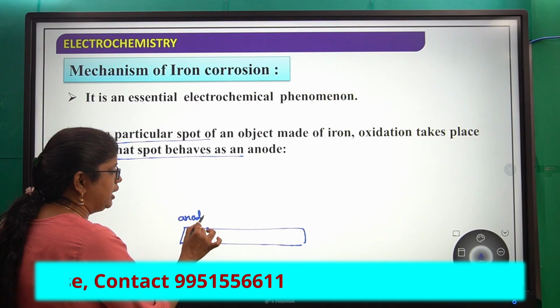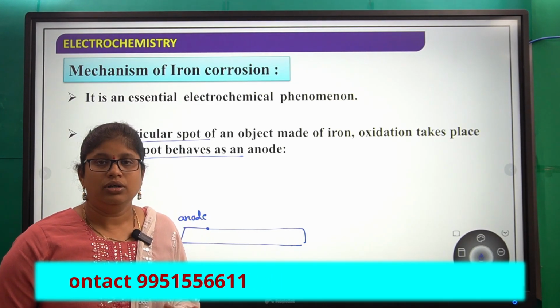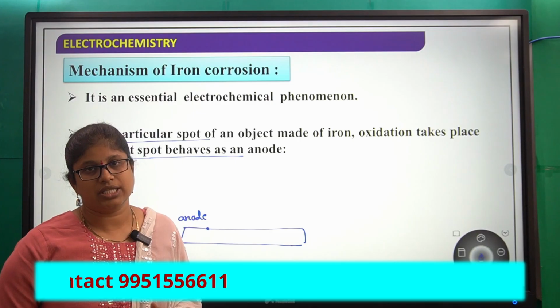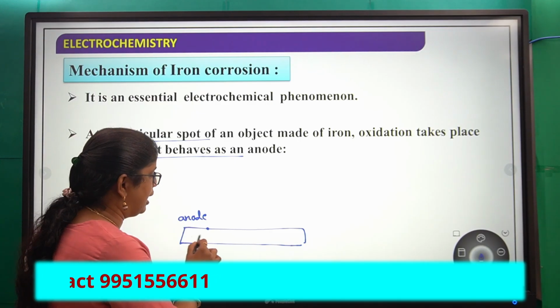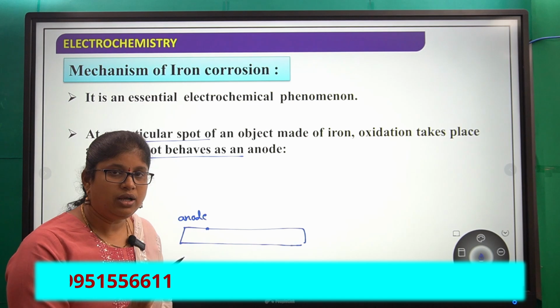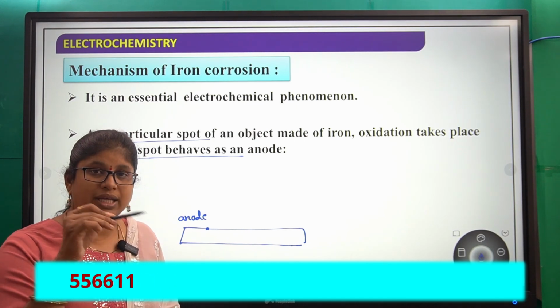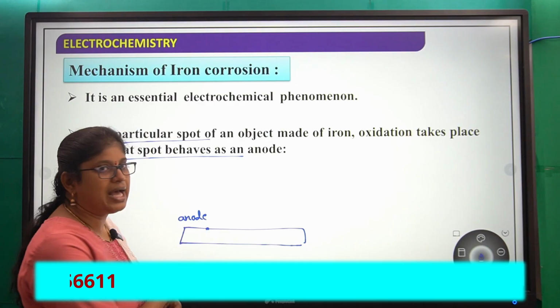We know that in an electrochemical cell, oxidation reactions take place at the anode. So on the surface of the iron rod, at a particular spot, oxidation of iron takes place. That means that spot behaves as the anode.